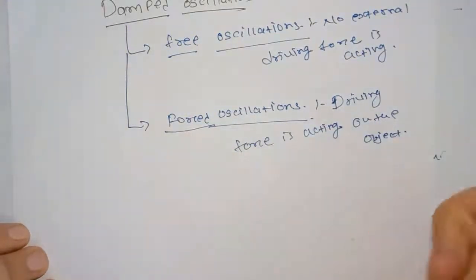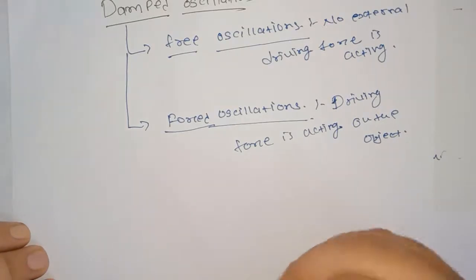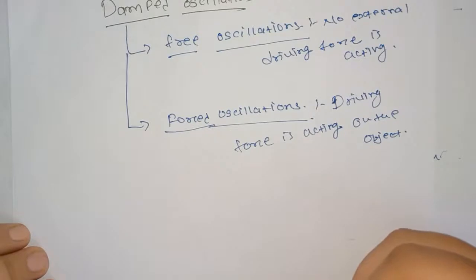Let us understand forced oscillation with an example. A person is sitting on a swing and another person is pushing him from the back side. If the person sitting on the swing starts swinging, and after some time stops applying any external force, then gradually the swing will come to rest.